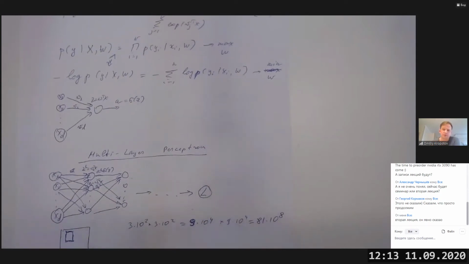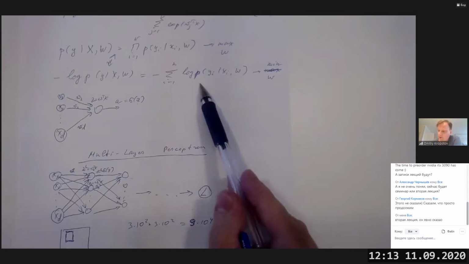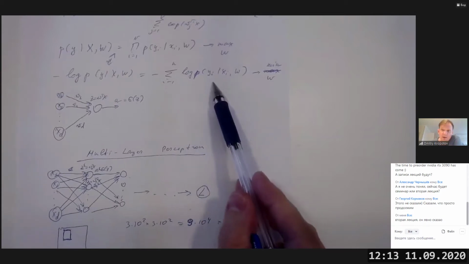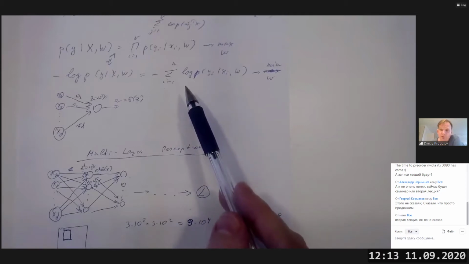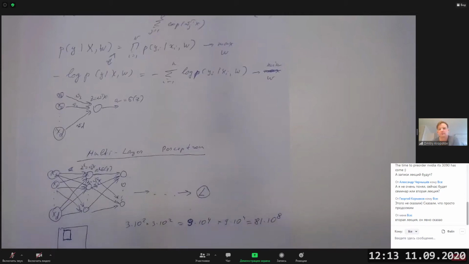So you need to solve this optimization problem, and the straight way to do this is to use some gradient type optimizer. So you implement the calculation of your score function and also the calculation of the gradient of this function with respect to parameters, put it inside some optimizer like stochastic gradient descent or Adam, and get the answer.